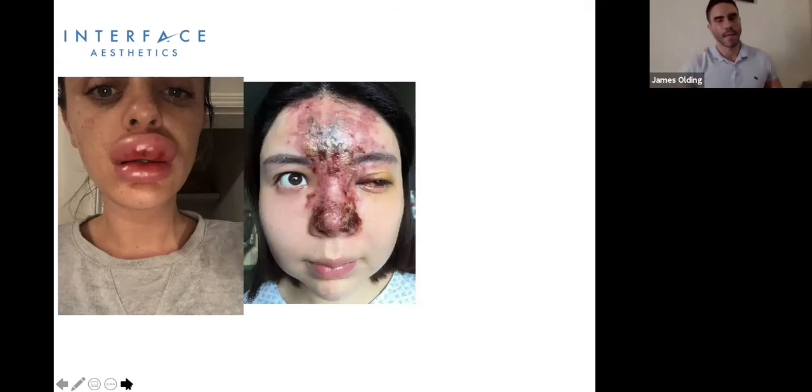Here's a particularly severe case. These images I found on the internet, and this case shows what's likely an intravascular injection during an injection to the nose, or possibly to the facial artery as well. This demonstrates a really important point, because we can see why anatomy is so important.